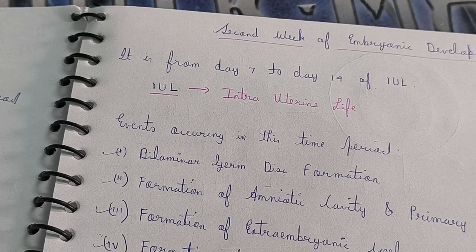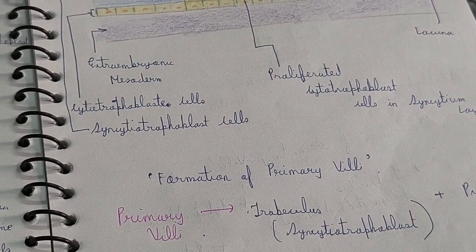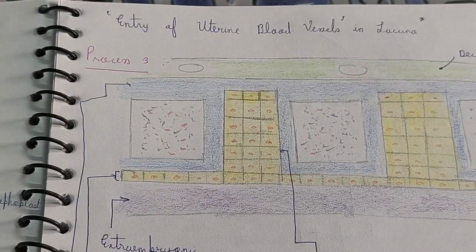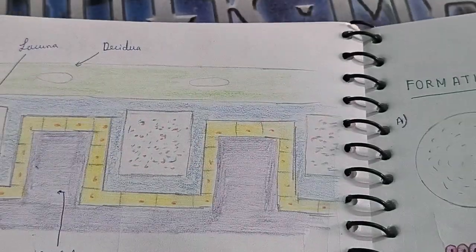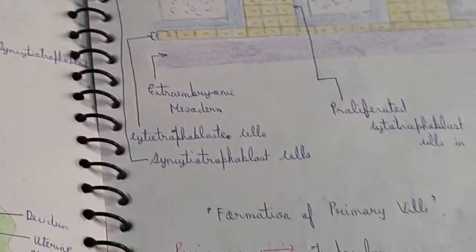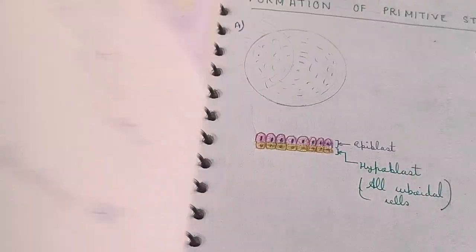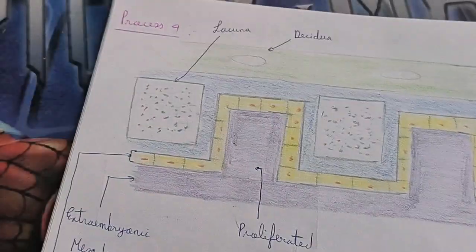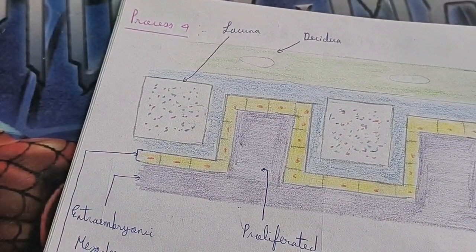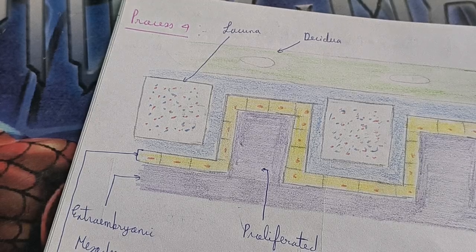When I taught you the revision of the second week of embryonic development, I stopped at the primary villus part. In the second week of embryonic life, only the formation of primary villus is completed and the formation of secondary villus occurs, and the formation of tertiary chorionic villi is completed in the third week of embryonic development.